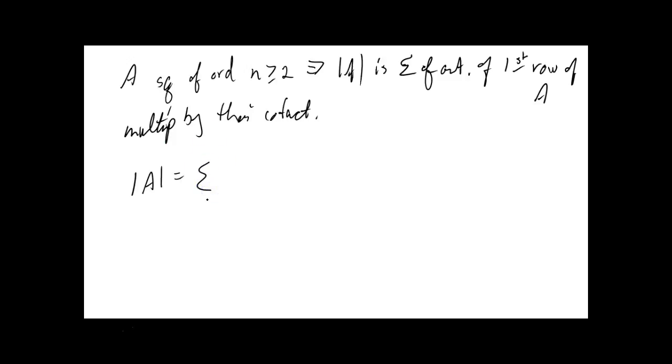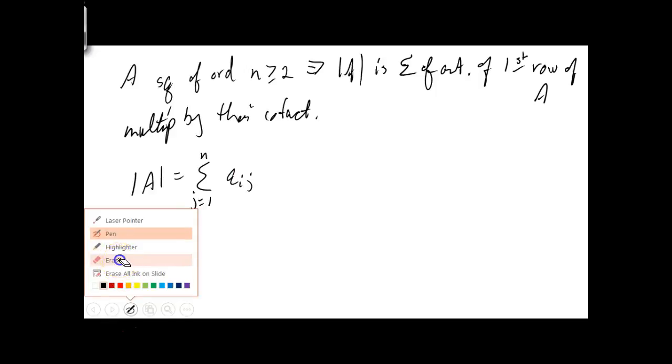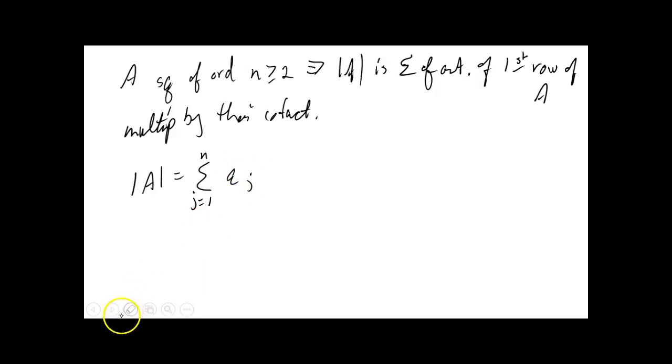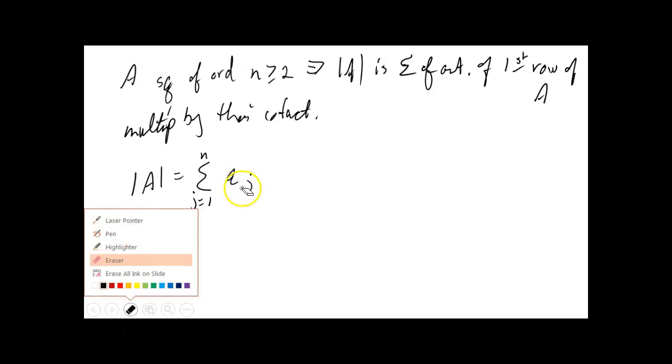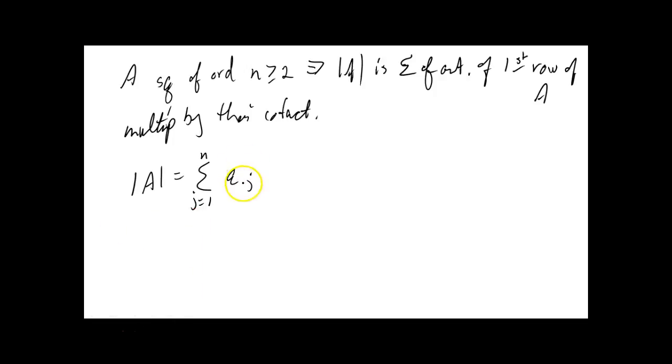One is the sum from j equals 1 to n, because this is an n-size matrix, of a_1j, sorry, we're using the first row, okay, using the first row only, times c_1j.